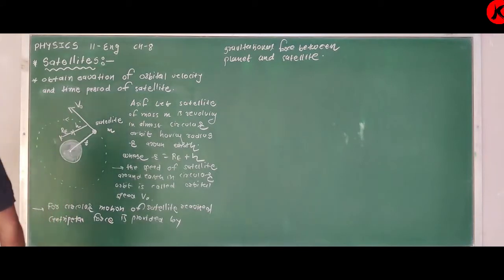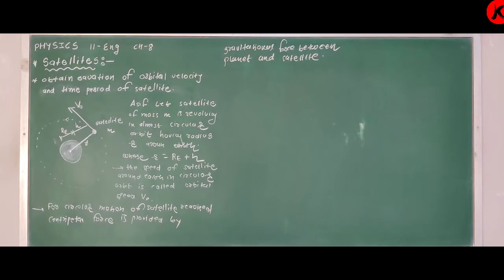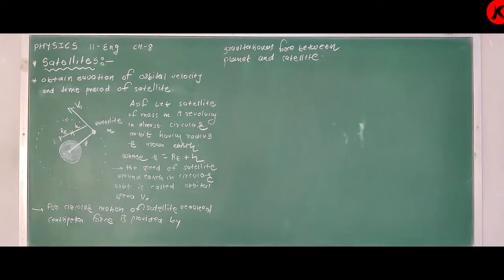Clear? So this is the statement. The satellite is performing circular motion, and we know that for circular motion, centripetal force is required, and that centripetal force is provided by the gravitational force between planet and satellite.